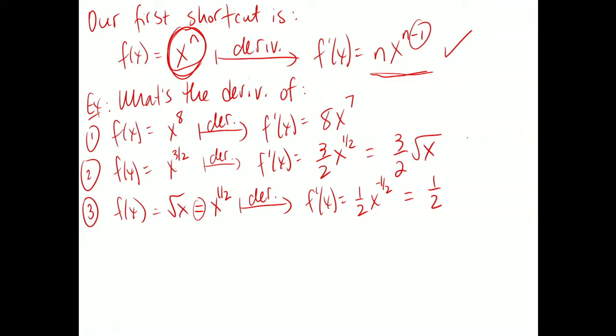If I want to put that on the bottom, it would become x to the positive 1/2. But x to the positive 1/2, remember, is just the square root. So we've gone a long way around here, but the square root of x has a derivative 1 over the square root of x.